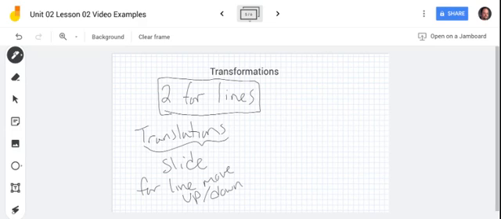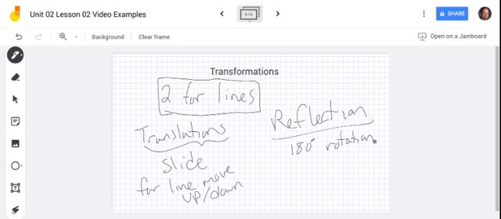So it gives the appearance of that. We're also going to deal with a reflection. Reflection, remember, is a 180-degree rotation, but it's specific around a special line. It's around something called y equals x.